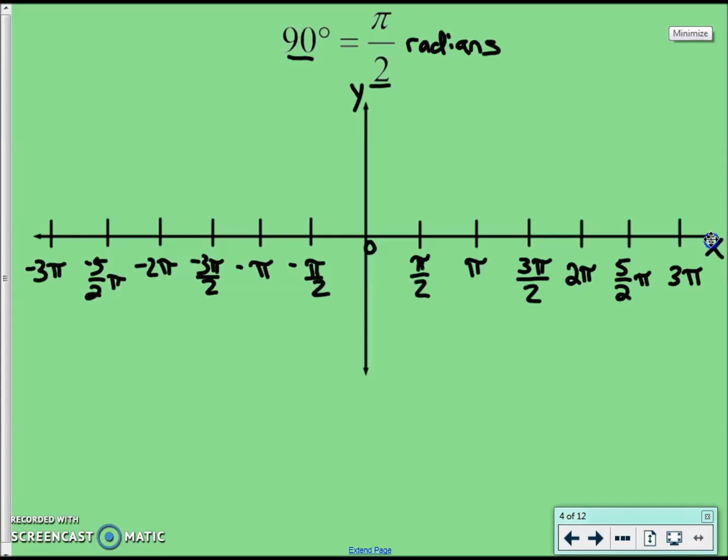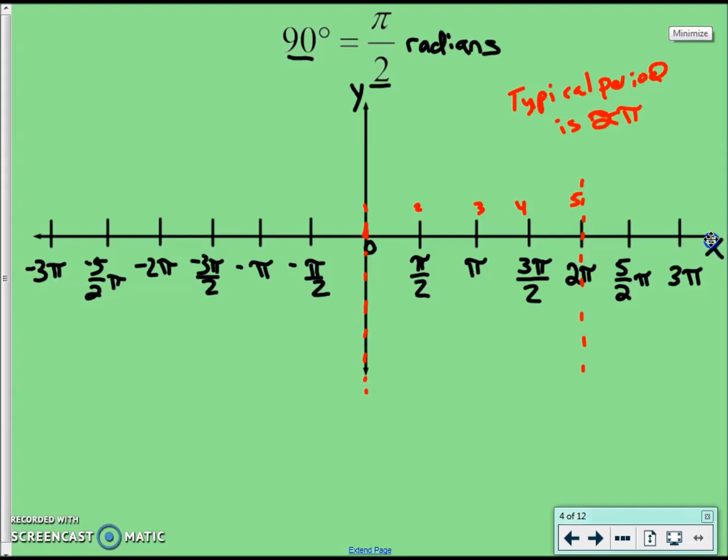What you'll notice, a typical period is 2 pi radians. So from here to here would be your typical period. And as you see, you have 1, 2, 3, 4, and 5 hash marks that typically go for your typical 2 pi radian period.